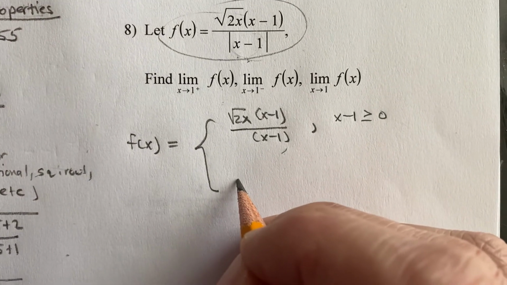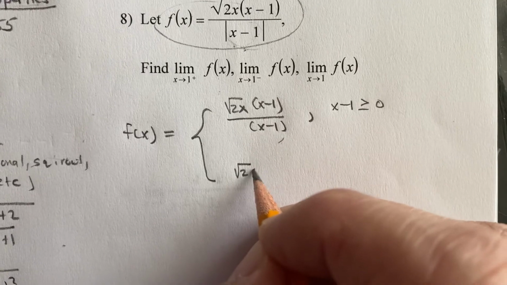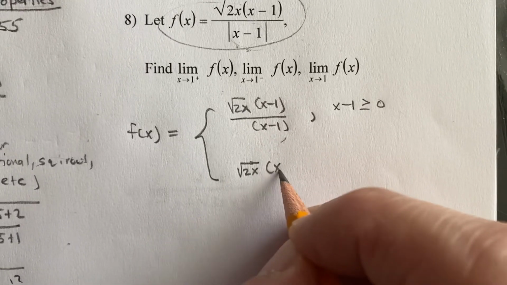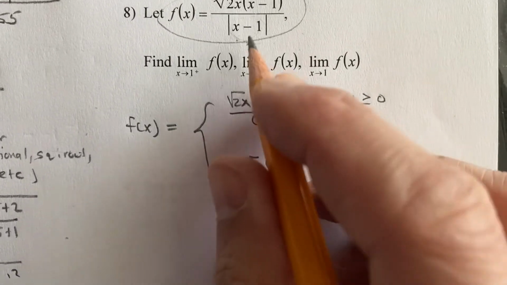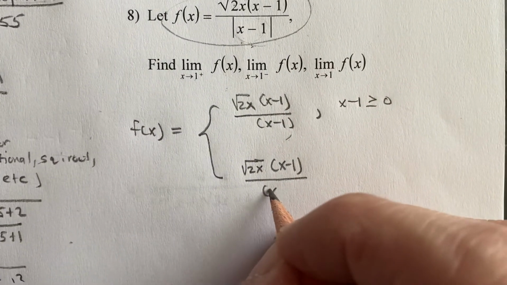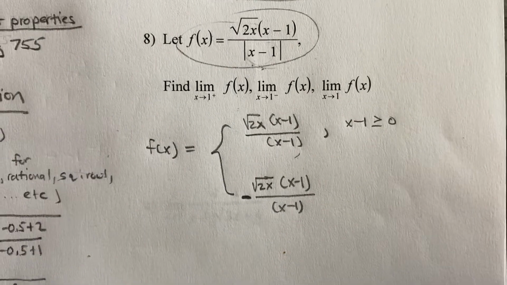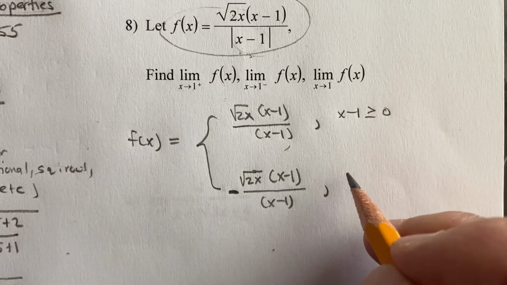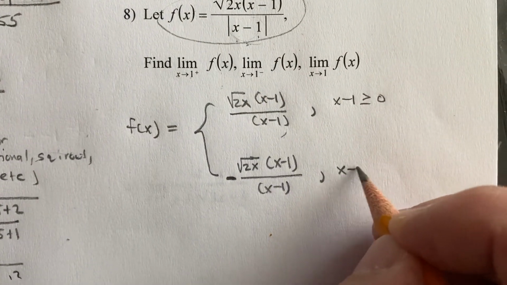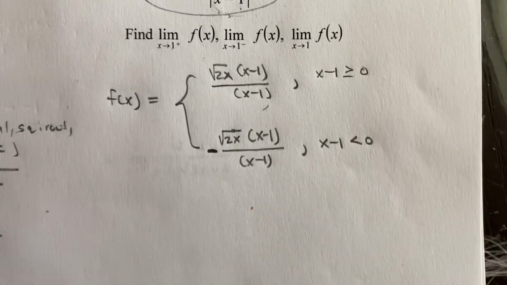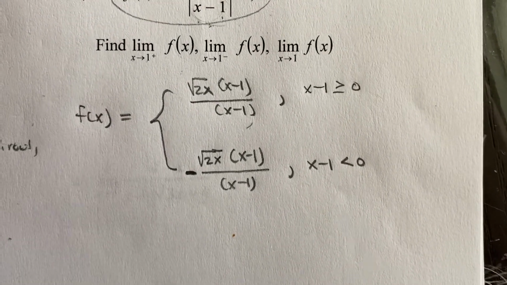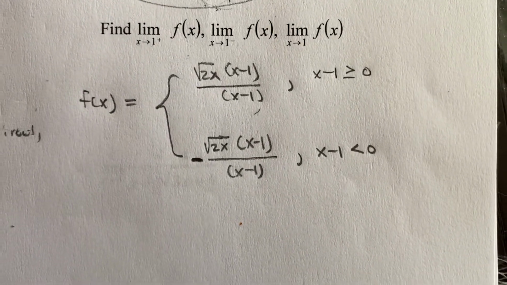And then I do the same thing for the bottom part. This is the square root of 2x, x minus 1. I drop the absolute value symbol again, but this time I put a negative here, because again, this is the definition of absolute value. And I set the argument, this time, less than 0. Okay, so that's how you want to start off initially.